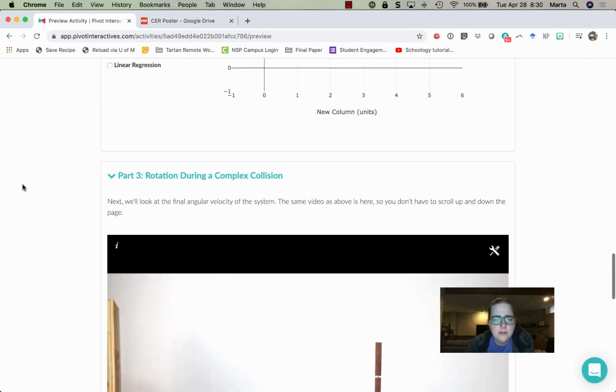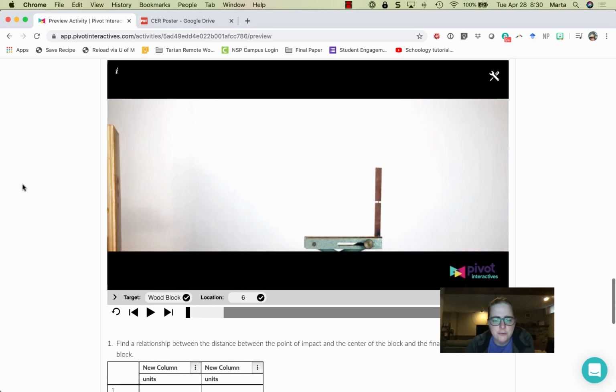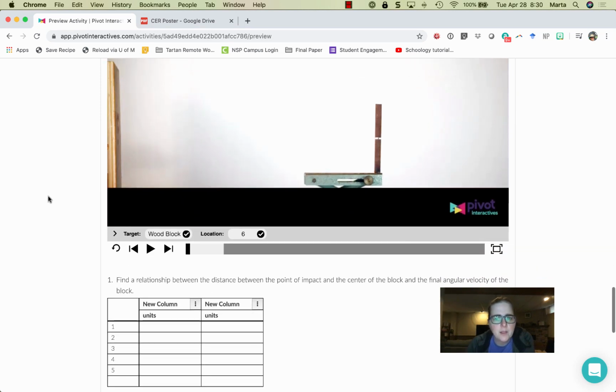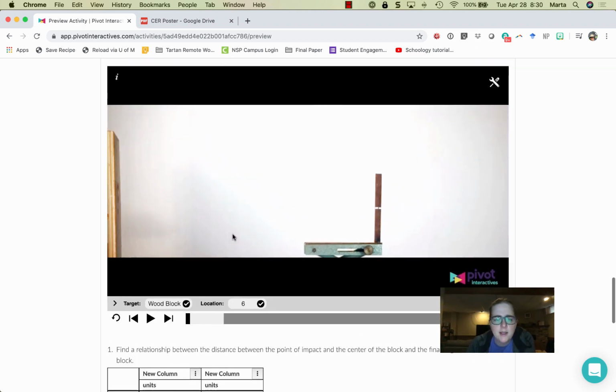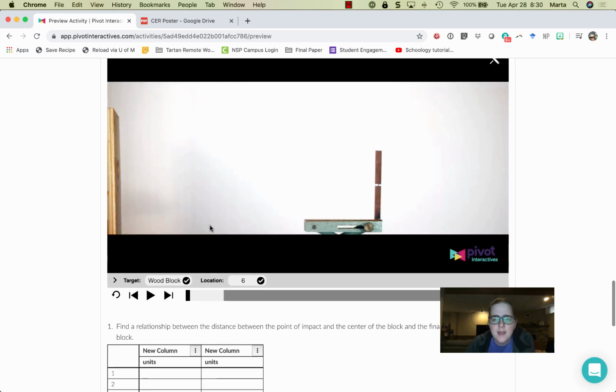And then in part 3, we're going to start paying attention to the angular velocity. So you're going to find a relationship between the distance between the point of impact and the center of the block. So that's how far from this white line does the marble hit the block, up or down. And then the angular velocity of the block.